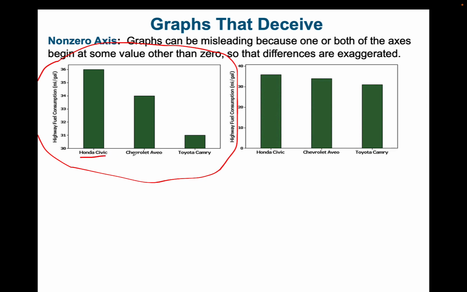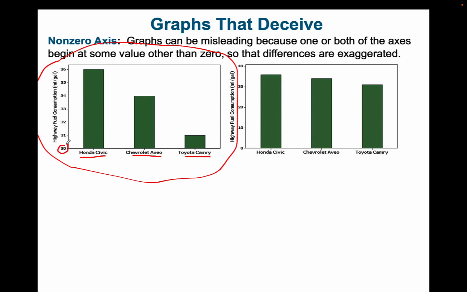You're comparing the Honda Civic to this Chevy to this Toyota here, and you see this graph. It is meant to deceive you. It is not starting at 0.